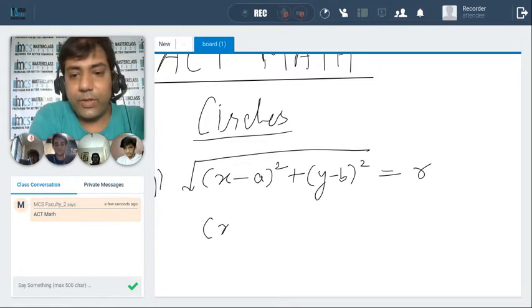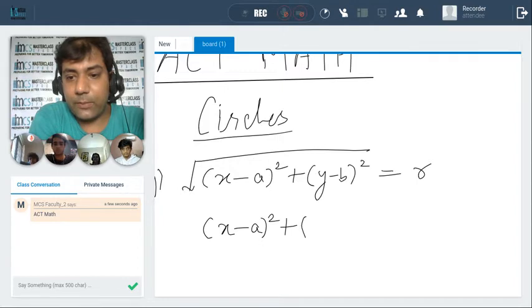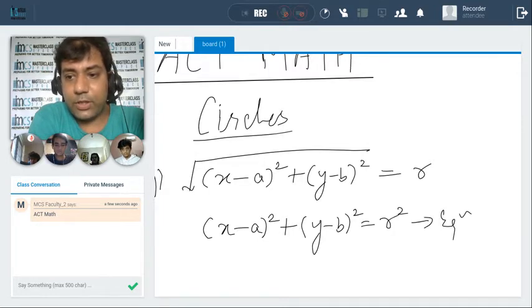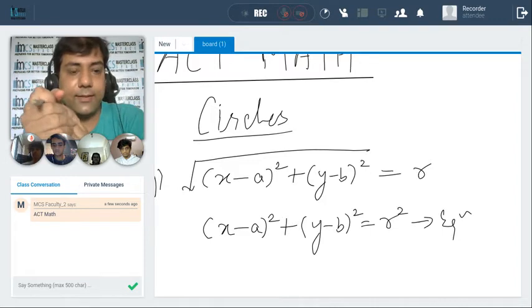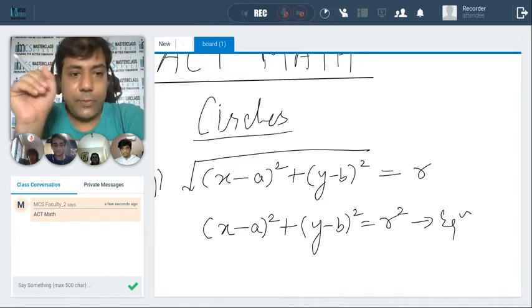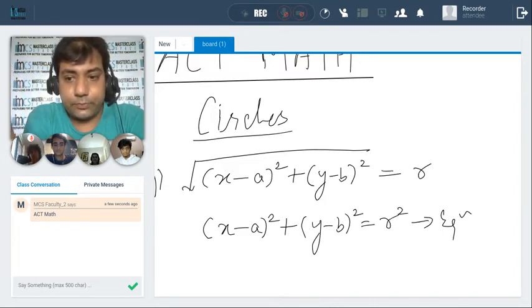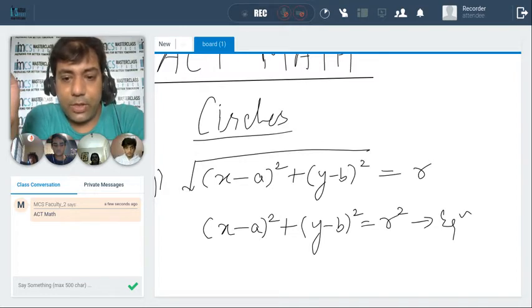That's how we get the equation of a circle: x minus a whole square plus y minus b whole square equals r square. That's the equation of a circle. This is very important. Okay, guys? That's how we move ahead and get to know how we can put the equation in mathematical form.